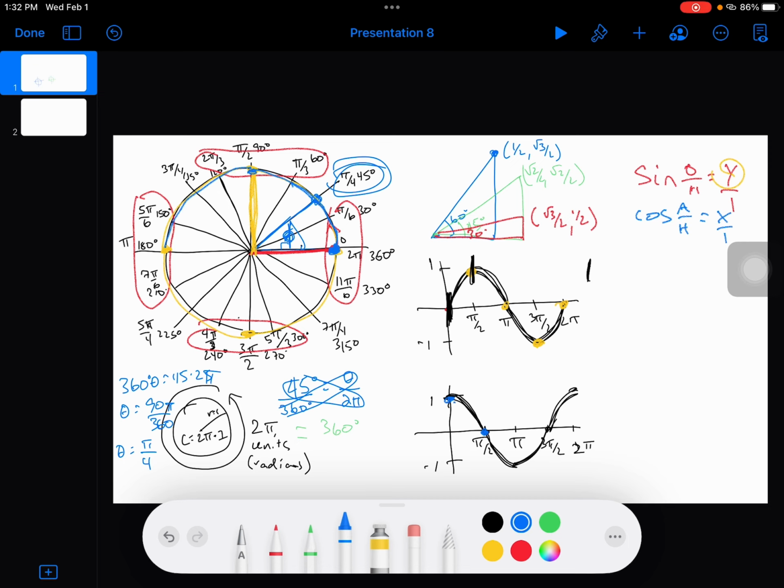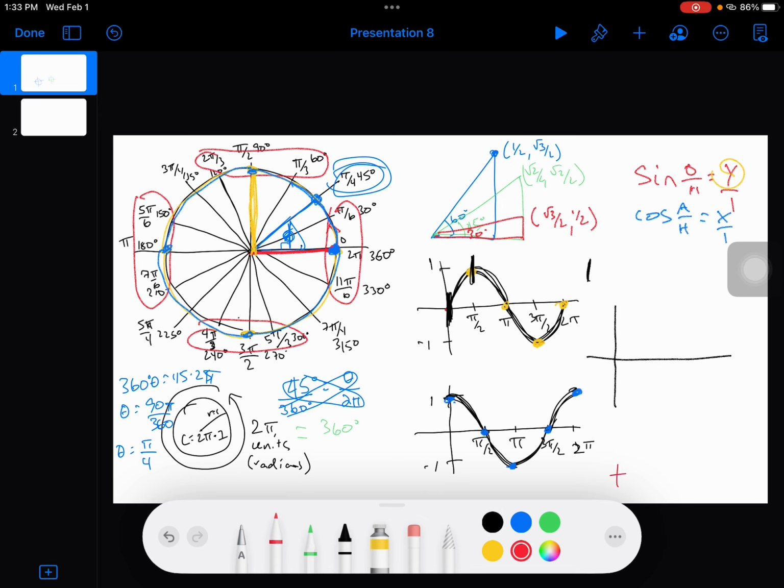Then continuing along until we're at -1 on the x, and then again back around to 0 when we're on the y-axis, and finally resting out at 1, one full revolution.